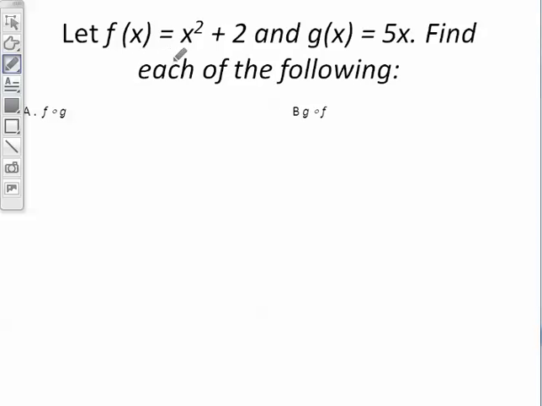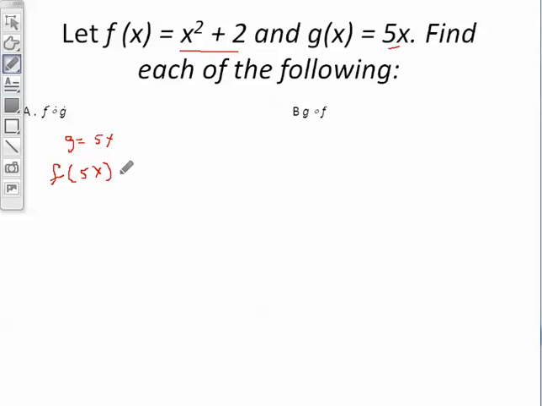If we let f of x be x squared plus 2 and g of x be 5x, and they're asking us to find f o g of x, the combination thereof. So what I'm going to do is I'm going to say, well, g of x equals 5x. So that means that f of 5x is the way we're going to look at this.